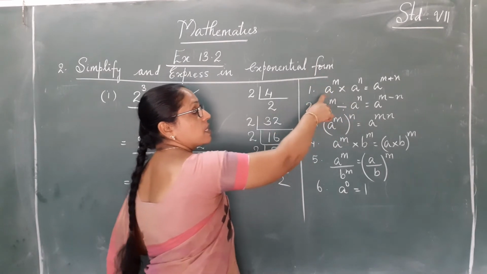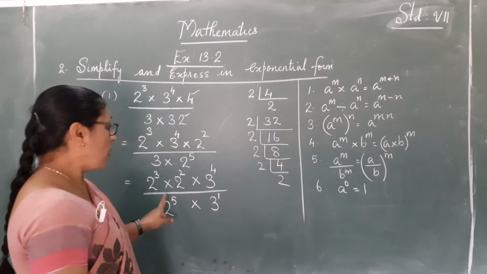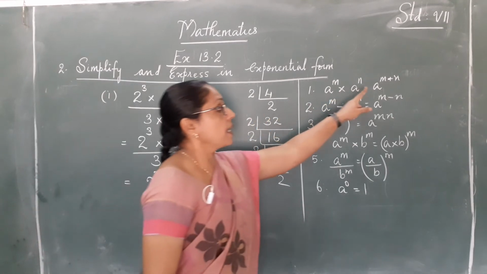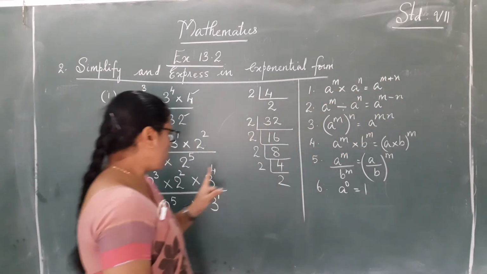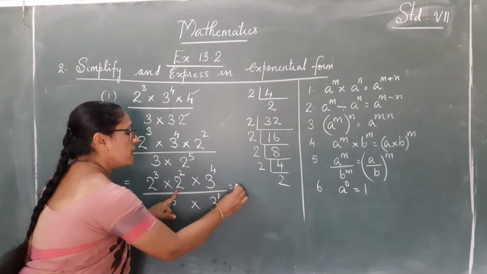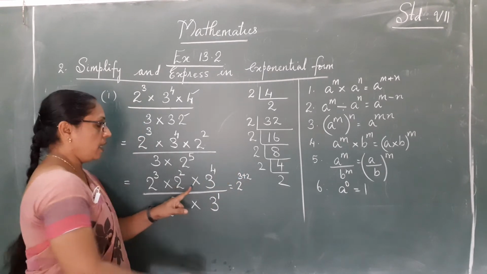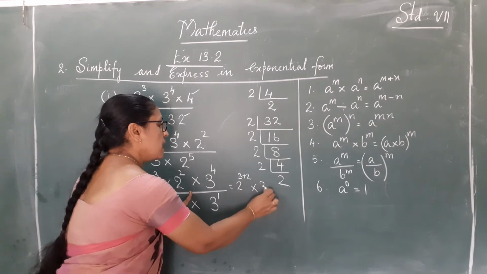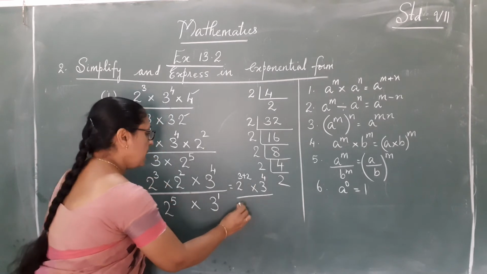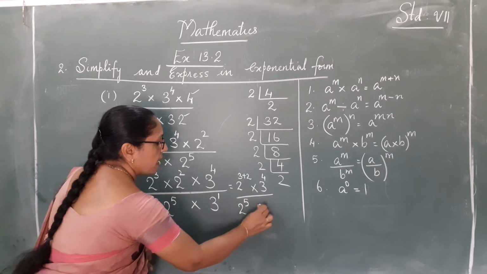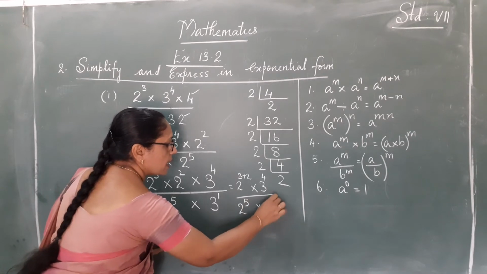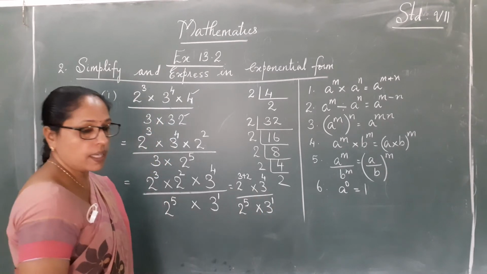Multiplying the powers with the same base, how do we use it? A raised to m plus n. So this becomes 2 raised to 3 plus 2 into 3 raised to 4 by 2 raised to 5 into 3 raised to 1.